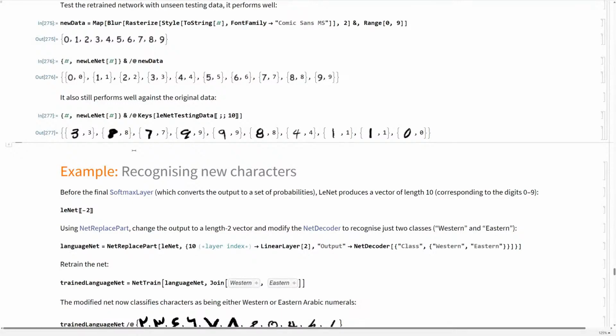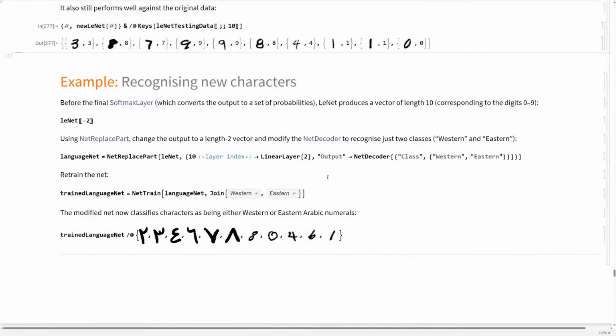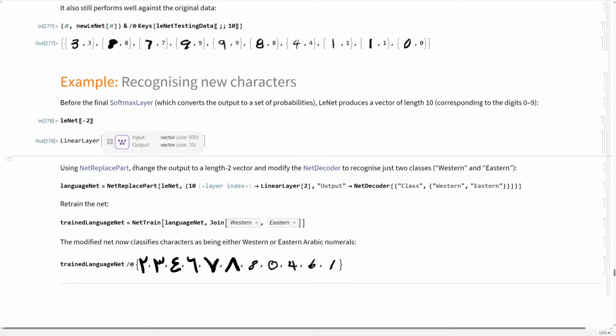All right, that's from the data training side of how you can modify your neural net. And here, this example is showing how we can rebuild the net so that it's performing another task. I'm not gonna go into much detail here.